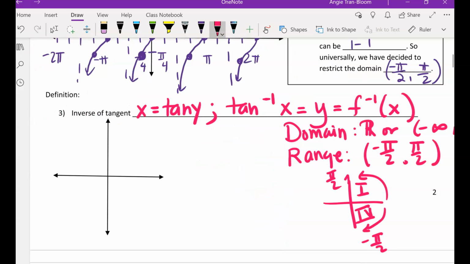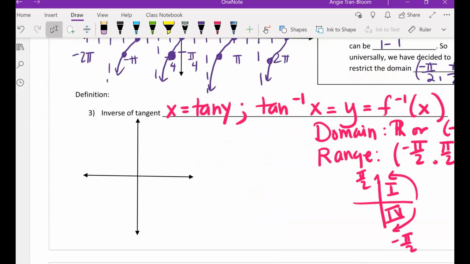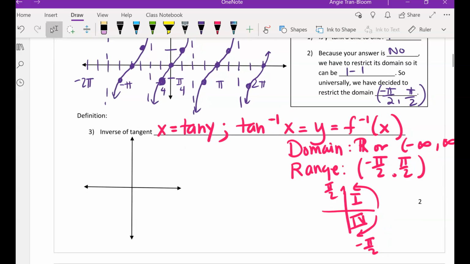Okay, let's graph out our restricted f of x, and then we'll reflect it to get our inverse. Our restricted f of x was just from negative pi over 2 to positive pi over 2. I mean 1, meaning that this is positive pi over 2, negative pi over 2. 1 is 2/3 of this distance, so that's negative 1. This is positive 1, negative 1.